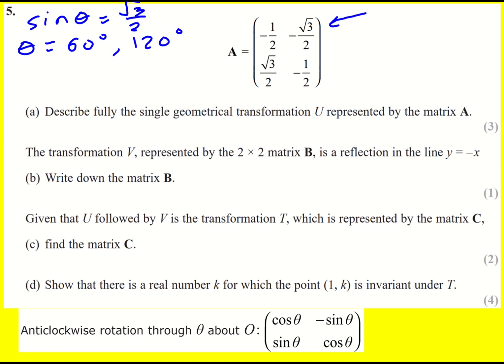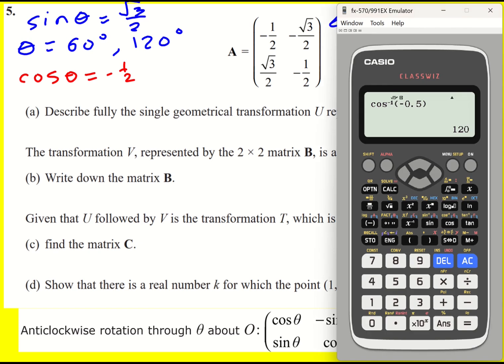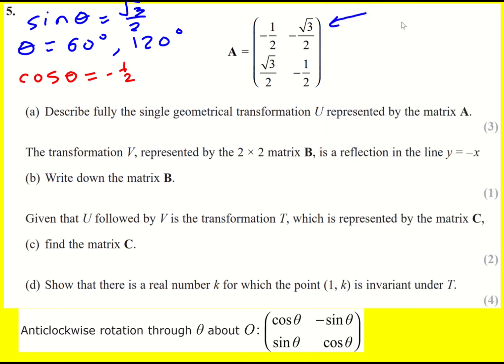Then let's look at the cos one. Now you could do cos of 60 and cos of 120 and find out which one gives minus a half, but let's just instead do cos theta equals minus a half and solve that. Either way works fine. So I've done it here and we get 120 degrees.